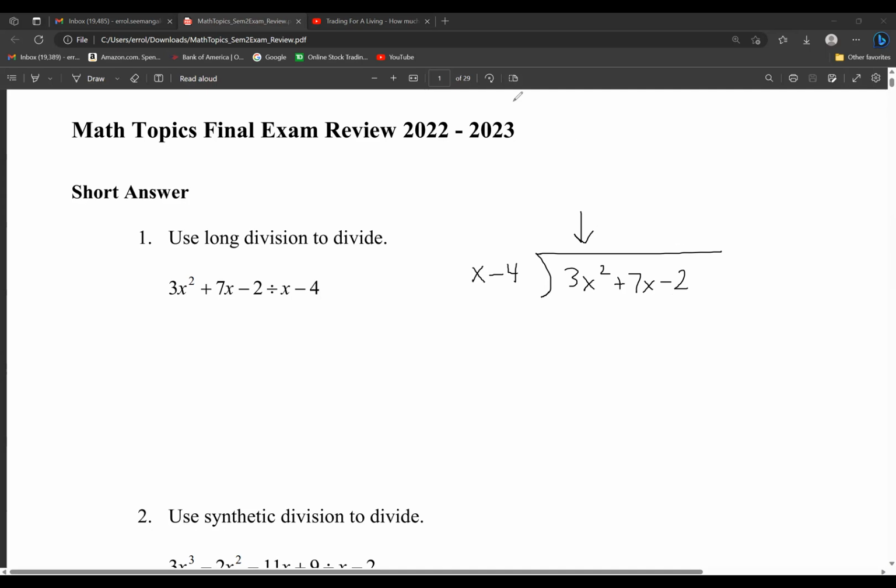All right, so how many times does your x minus 4 go into the x squared? Once, remainder one. So you say once, right? Well, this is more than one.